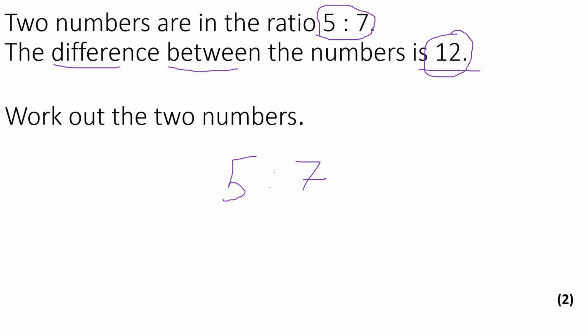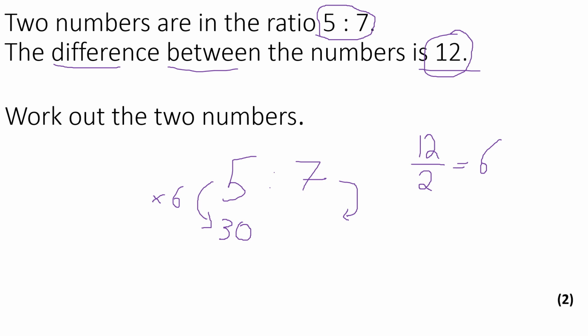So the way to do this question, we do the difference that you want divided by the difference that you've currently got, and that will give us our multiplier to then multiply these up. So if we now do this, 5 multiplied by 6 is 30.